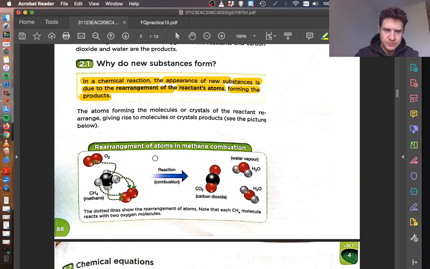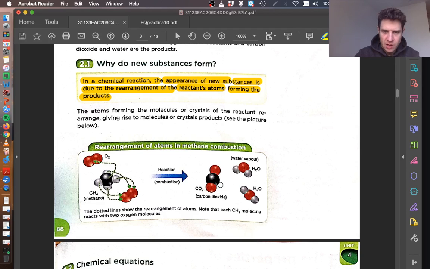So this carbon, can you see it in black, is here also, but is arranged with 2 atoms of oxygen. So we have 1 carbon and 2 oxygens, and then we have 1 oxygen with two hydrogens, and the other oxygen with the other 2 atoms of hydrogen. Yes.